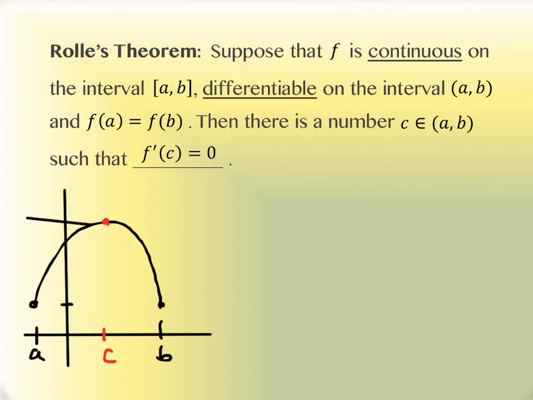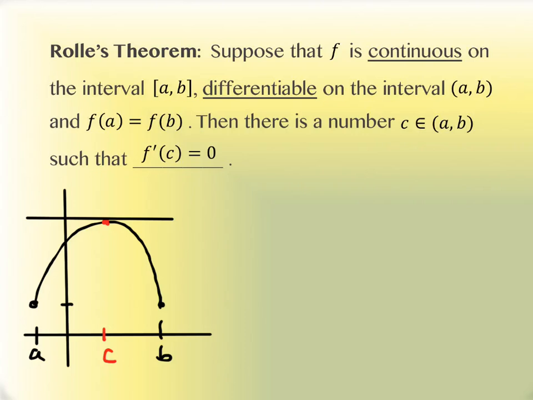Now, it's important to note that the details of how this happens are really important. You have to have 3 things true in order to make this work. You have to have a curve that's continuous, right? If the curve could break into pieces, we wouldn't necessarily have that tangent line at the top.